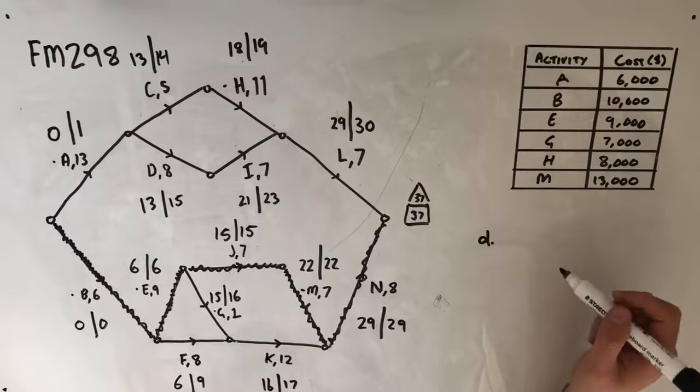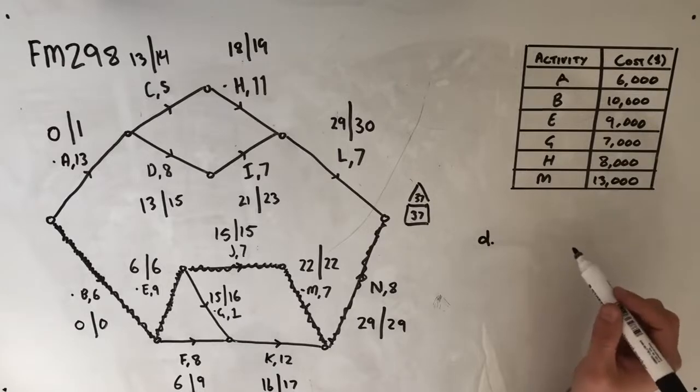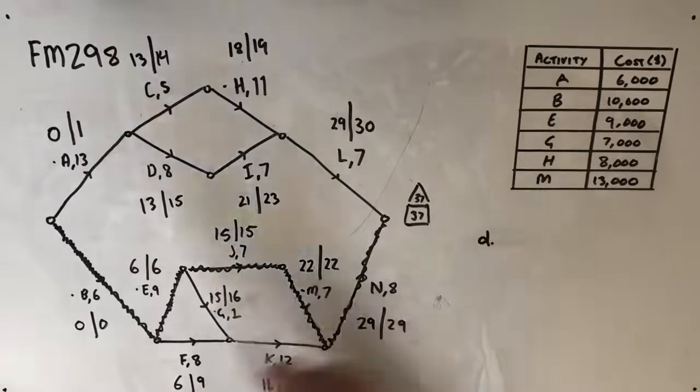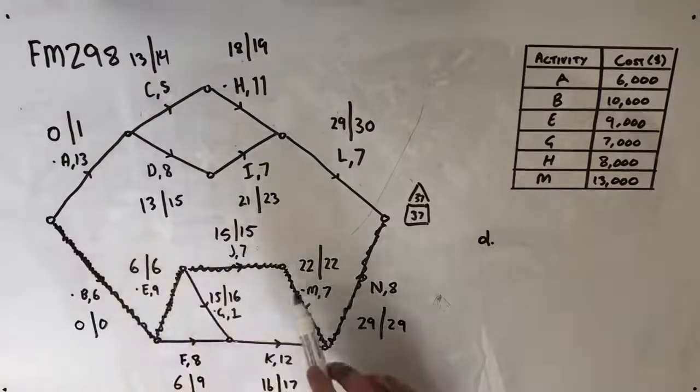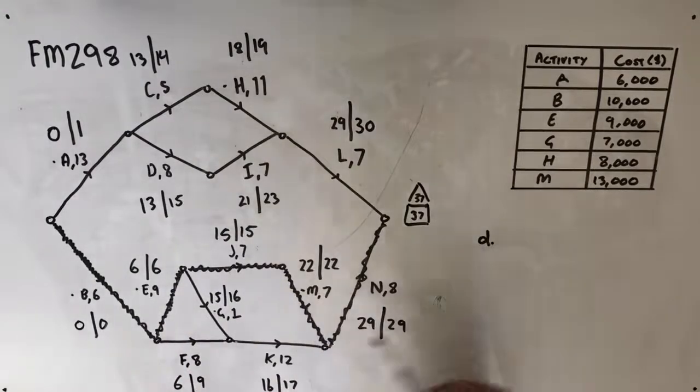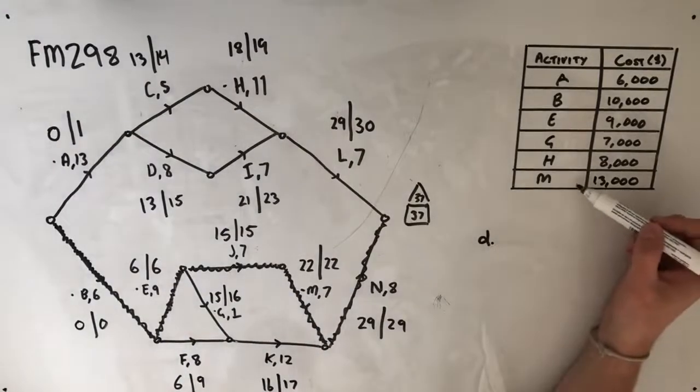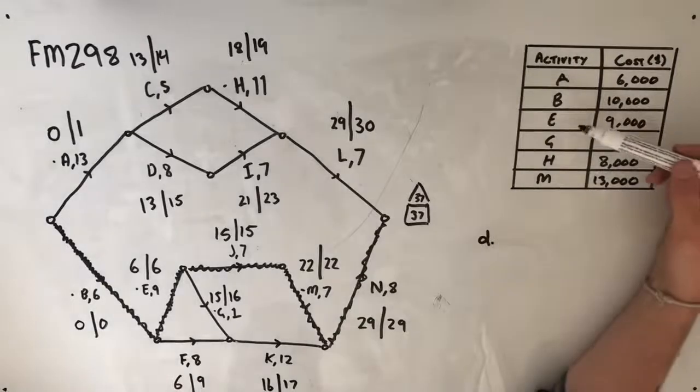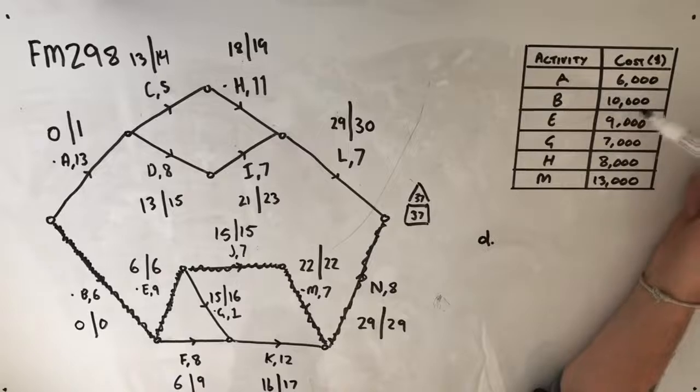So the 3 activities that we have on our critical path currently that we could reduce are B, E, and M. Now M is going to cost us $13,000 to reduce, E is going to cost us $9,000 to reduce, and B is going to cost us $10,000 to reduce.